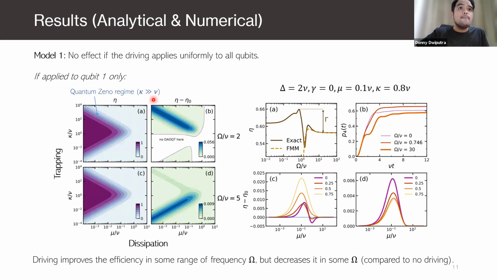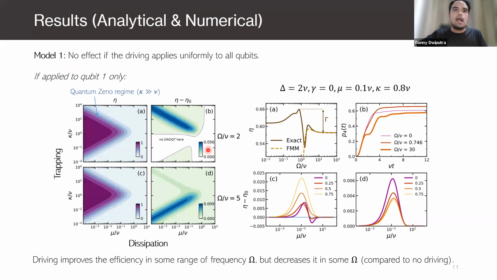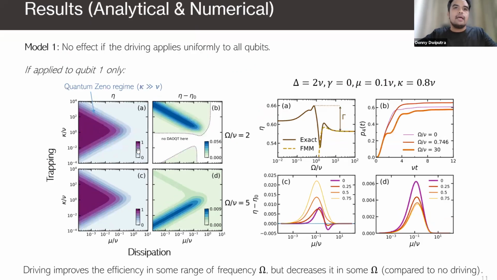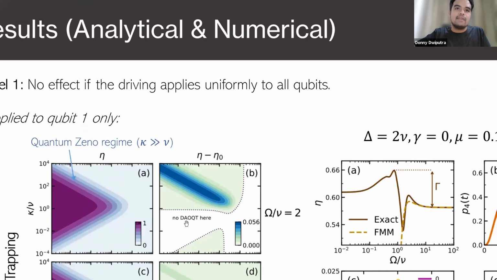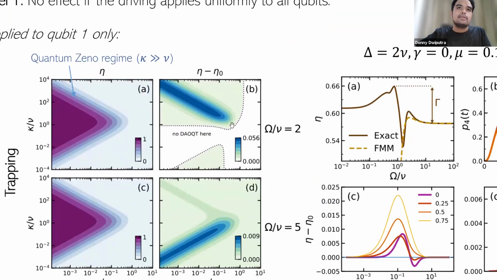So the result is that if we apply the driving uniformly to all the qubits, no effects can be observed, because analytically you can transform to a rotating frame and get exactly the same Hamiltonian except for the diagonals. The important thing to notice first is that the DAOQT, or the driving assisted open quantum system, is really dependent on the driving rates.